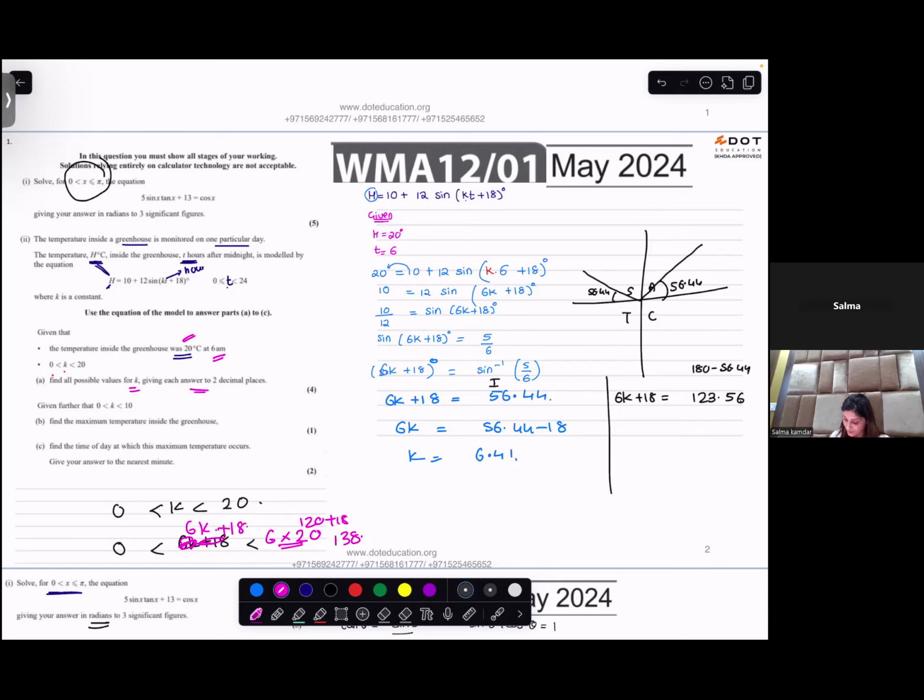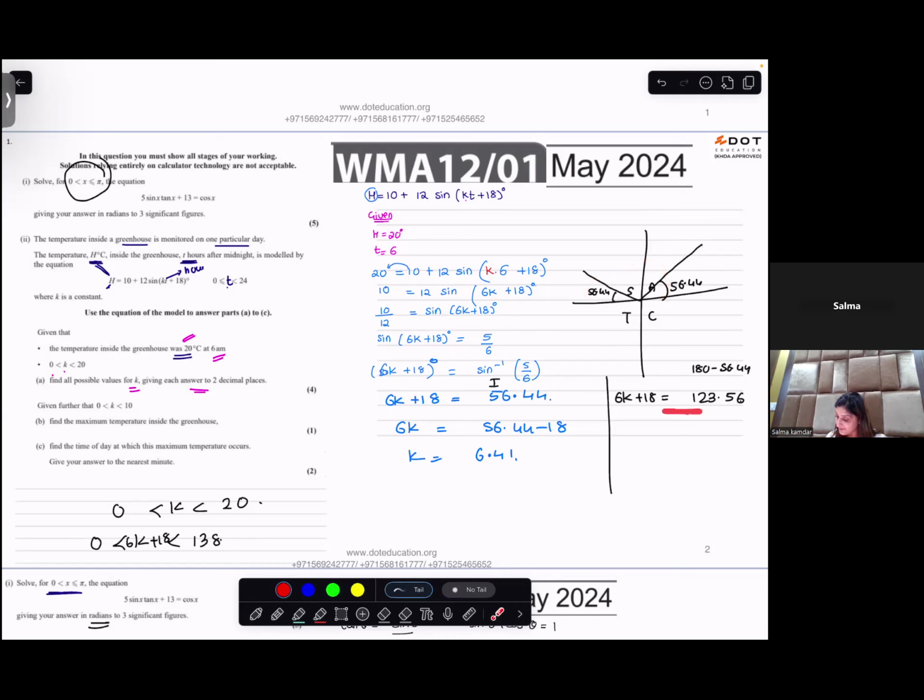So my new range would be 0 to 138 for 6k plus 18. So I would have to check for my values between 0 to 138.